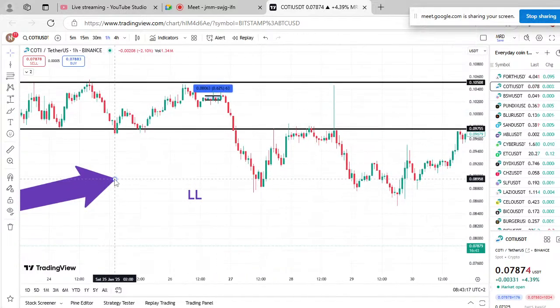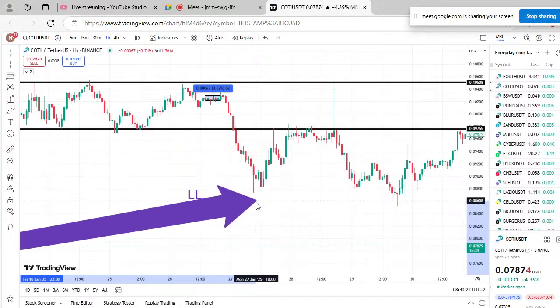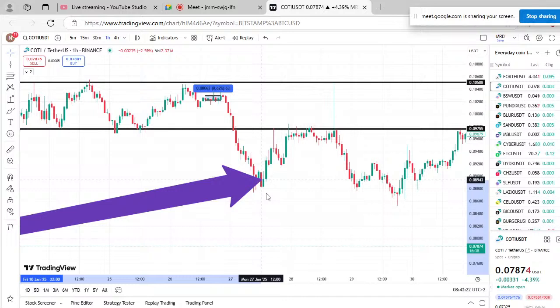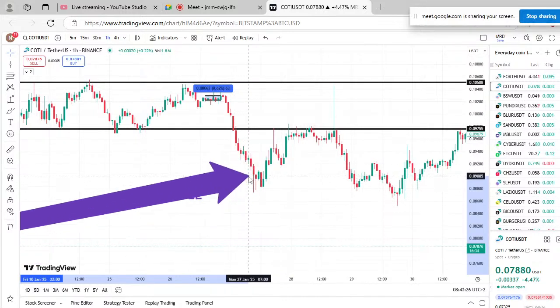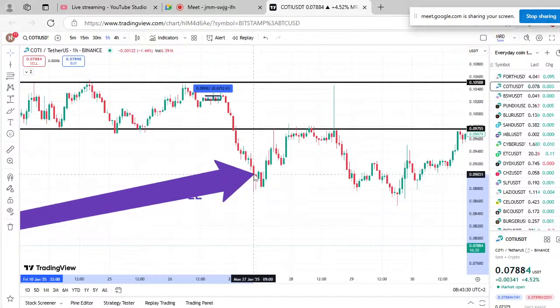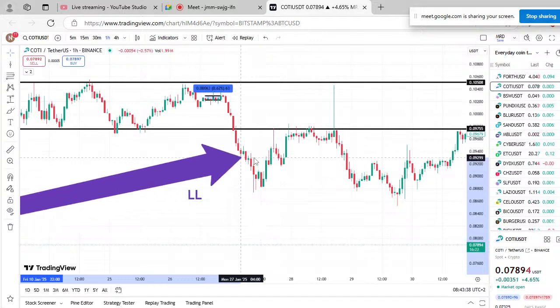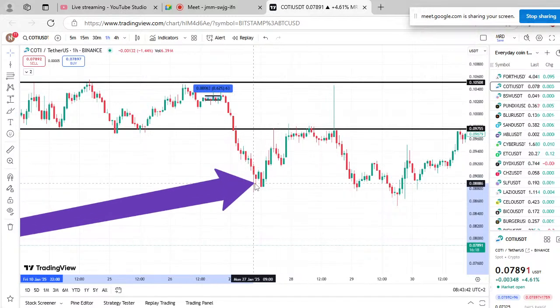Now, at this point here, I told you wait for the green candle to confirm that the market is now going back. Now, when you look at these two candles, they are like pin bars. And remember, pin bar, they are showing you that the pressure in the market, buyers are taking the position.